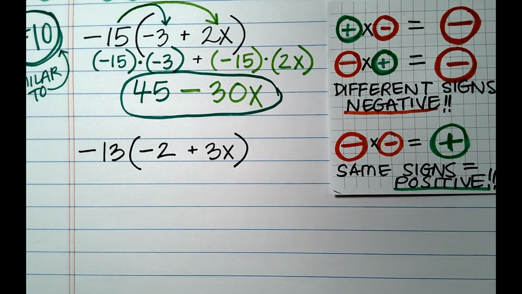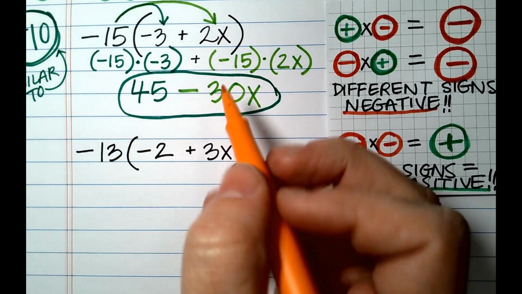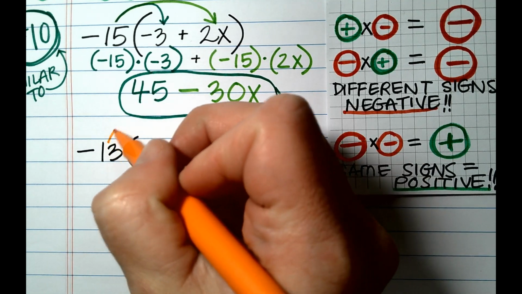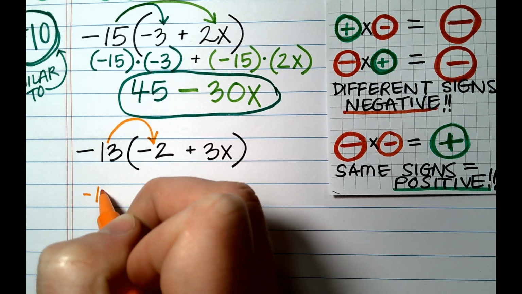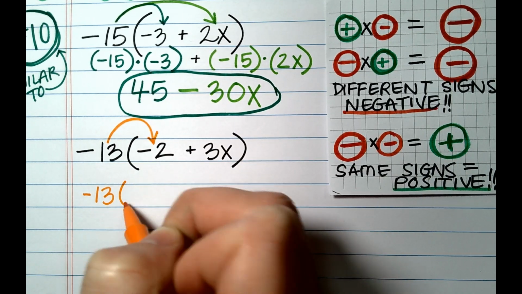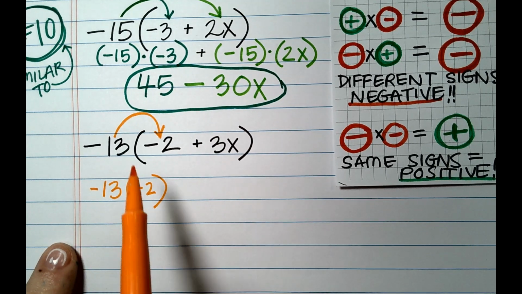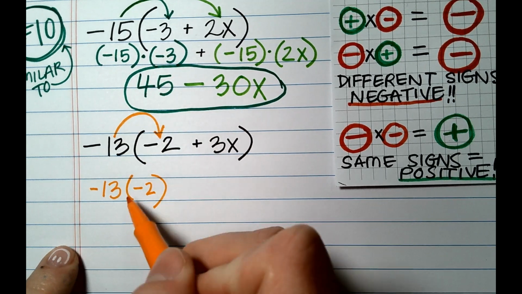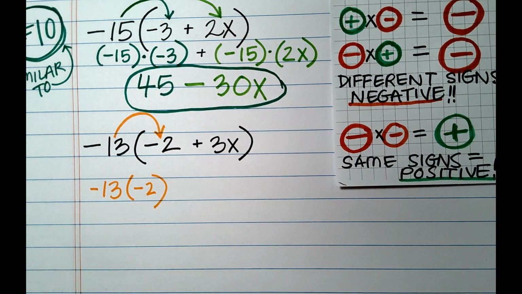So let's see. I have negative 13 times what first? Negative 2. Negative 13 times negative 2. You could also write it this way instead of putting them both in parentheses with a dot in the middle. This is a little bit easier to write it like this, I think, but everybody's got an opinion.